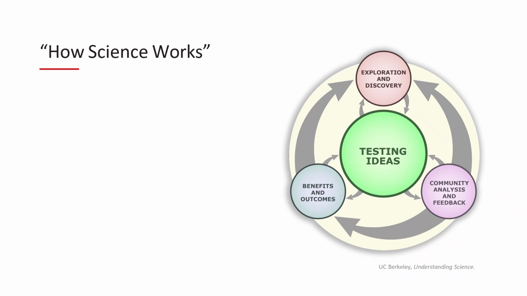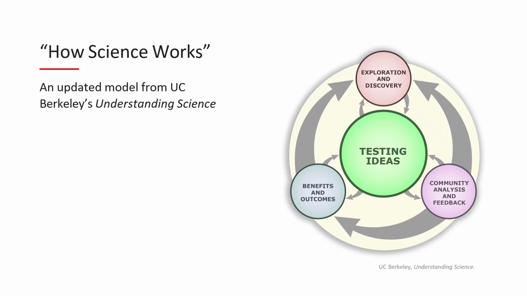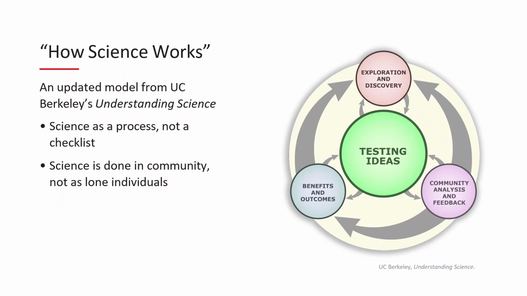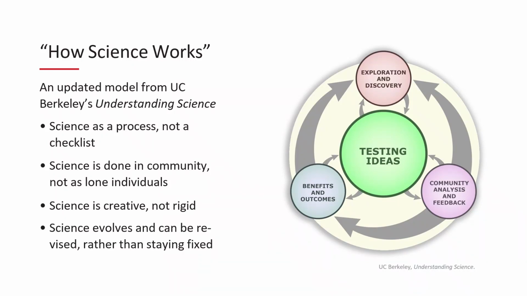It shows that science is a process, not a checklist, that we do science in community with other scientists and not as lone individuals, that science is creative rather than rigid, and that science evolves and can be revised rather than staying fixed. So while the How Science Works model has testing ideas as its core, it surrounds the scientific method with updated processes that feed into it.